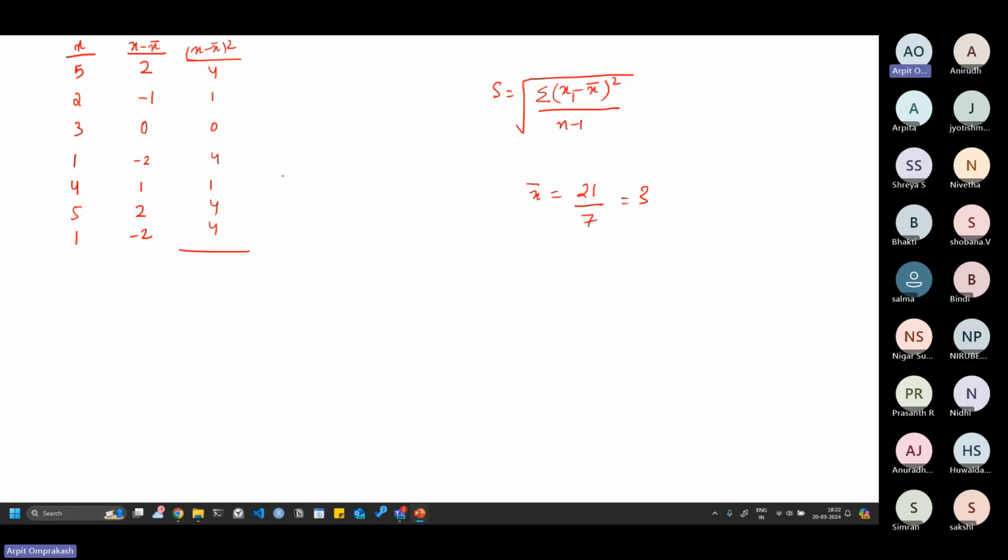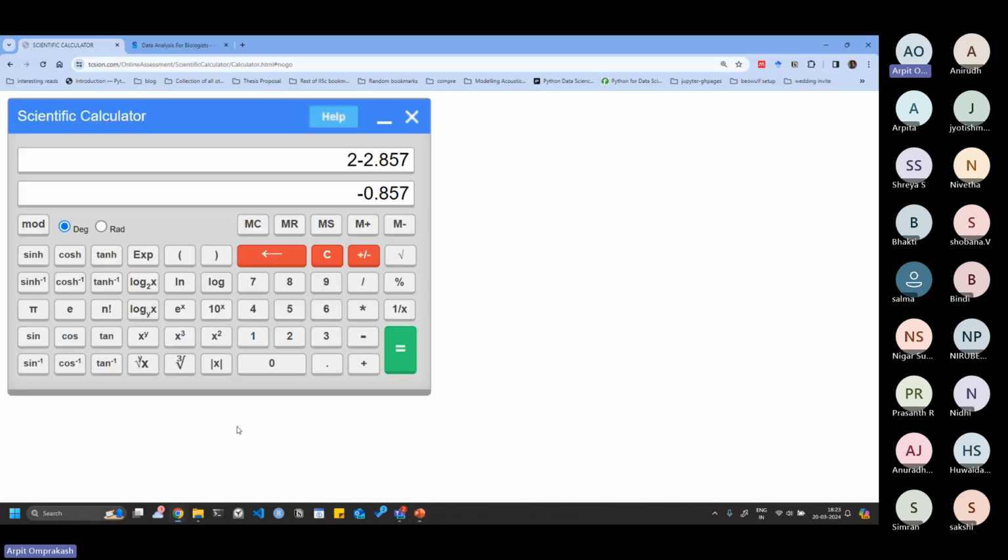We need the sum of this: 4, 5, 5, 9, 10, 14, 18. Okay, this is 18 divided by n minus 1, which is 7 minus 1, 6, root over of this. So it's basically root over of 3. Now you can use the calculator to get root over of 3.